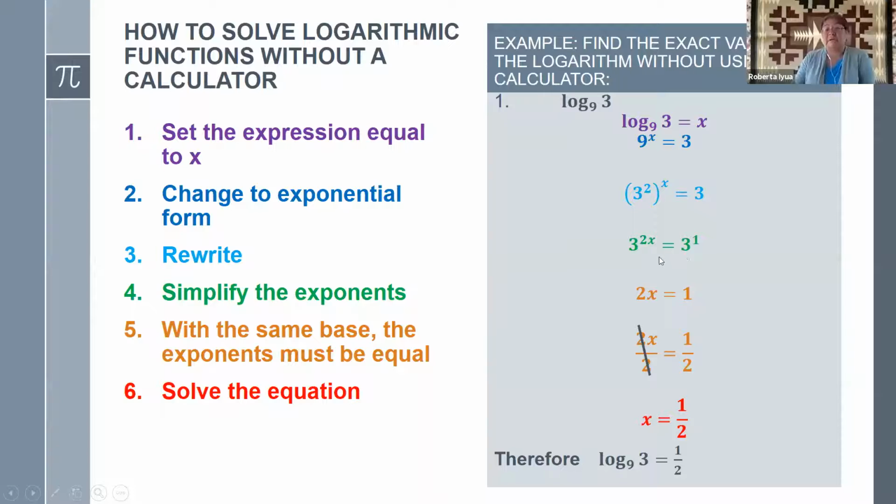Because my bases are the same, I set my exponents equal to each other, so 2x equals 1. Solving for x, I got x equals 1/2. Therefore, the log base 9 of 3 is equal to 1/2. So that's how you solve logarithmic functions without a calculator.